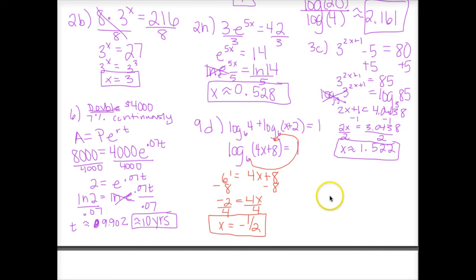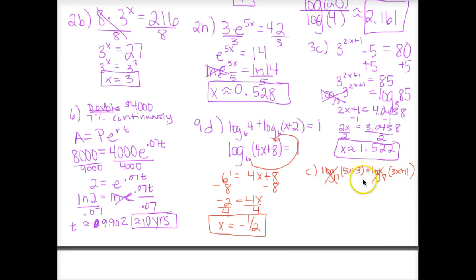The other type is when you have two logs on opposite sides. So that'd be like 9c, where you have log base 7 of 5x plus 3 equals log base 7 of 3x plus 11. When you have the same log bases on both sides, remember those just cancel.